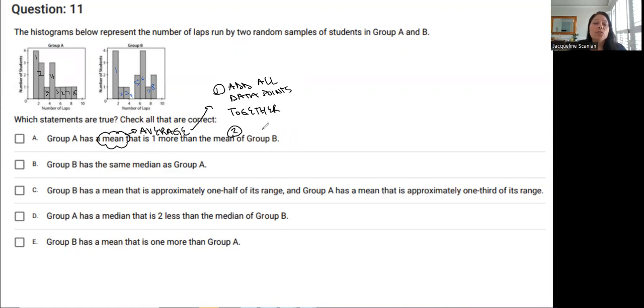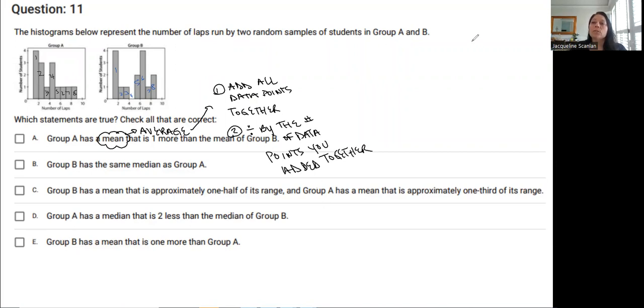Then step 2 is to divide that answer by the number of data points you added together. Okay, that's how you find a mean.